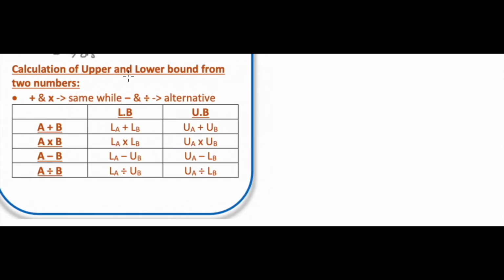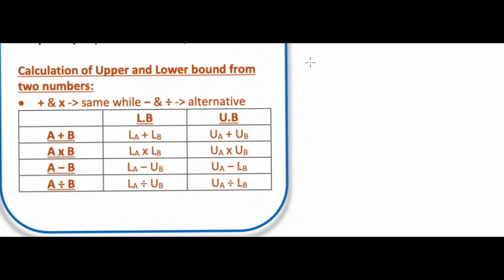This is the calculation of upper and lower bound from two numbers. In this section you will have formula type questions in which the formula depends on two further numbers. So let's suppose we have a formula here: time period of a pendulum equals the square root of length divided by gravity, and we have to find the error interval of the time period. To find the error interval of the time period, we have to find the lower bound and upper bound of the time period.